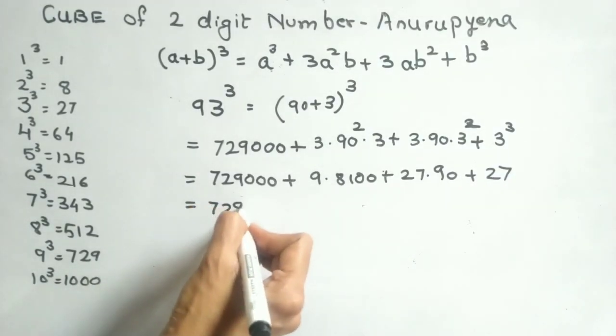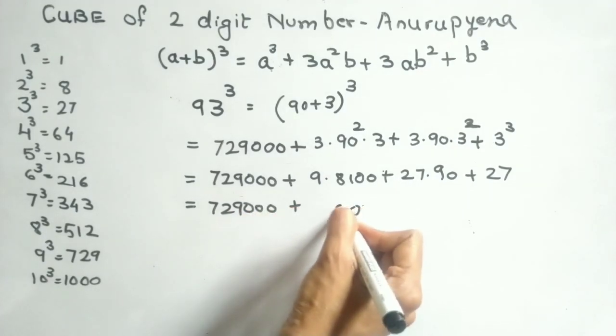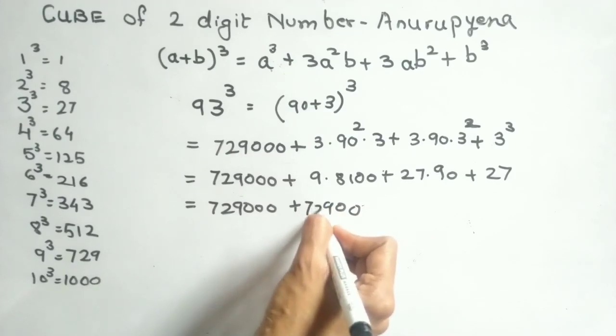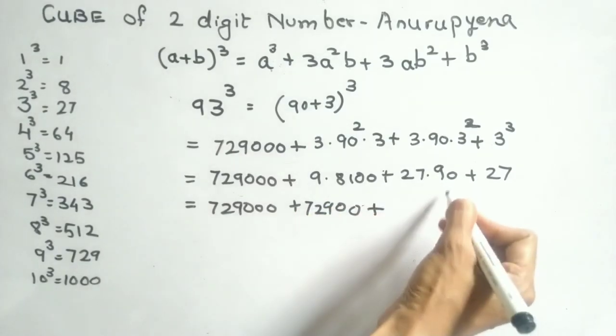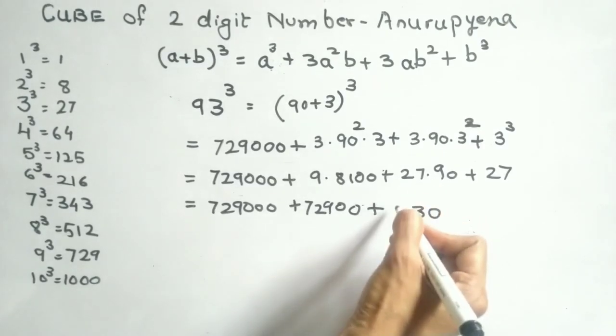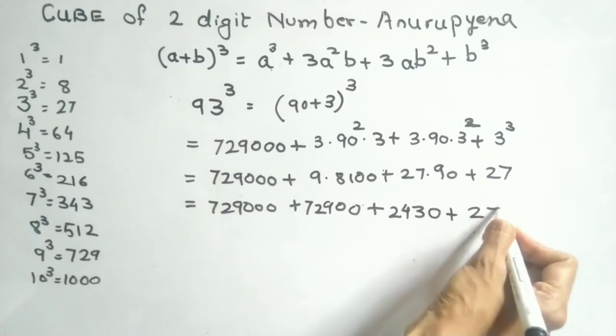So that will be 9 1 is 9 and 9 8s are 72. Here again 9 7s are 63 and 9 2s are 18, and 6 24, and this is 27.